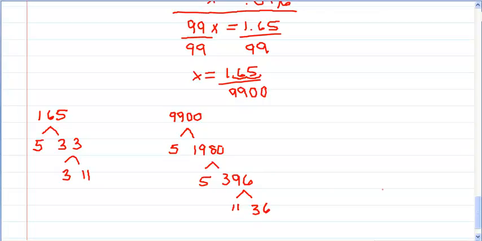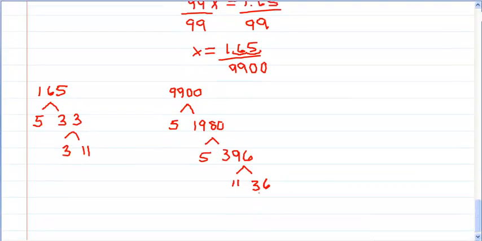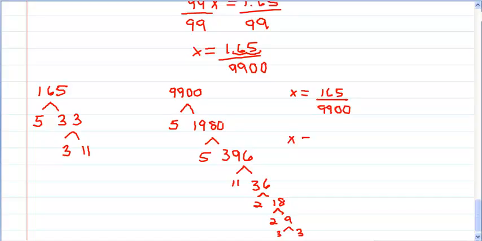So now this problem doesn't look as difficult as it did earlier. And with 36, we'll go 2 times 18, 2 times 9, and then 3 times 3. So when we have x equals 165 over 9,900, and I expand out 165 as 5 times 3 times 11 over 5 times 5 times 11 times 2 times 2 times 3 times 3.